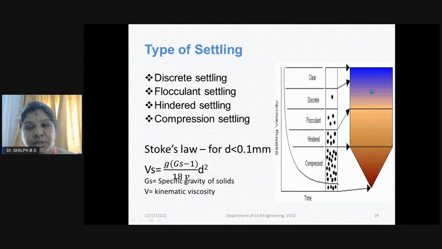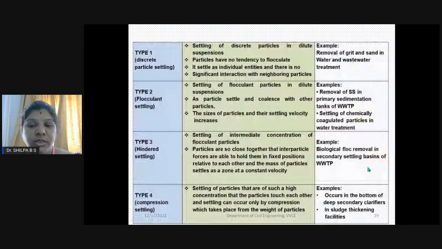Discrete settling will be at the topmost part of the water column. Next is flocculent, next is hindered, and the last one, near the sludge zone, is compression. Now the important features of these settlings: the first is type 1 settling.